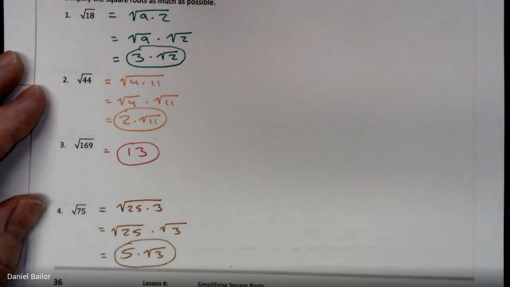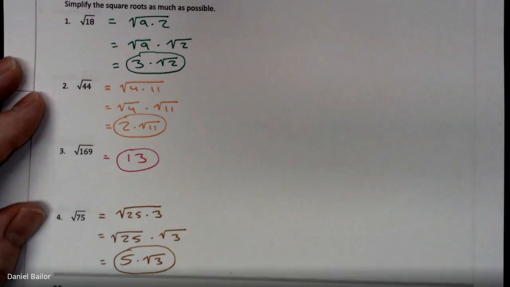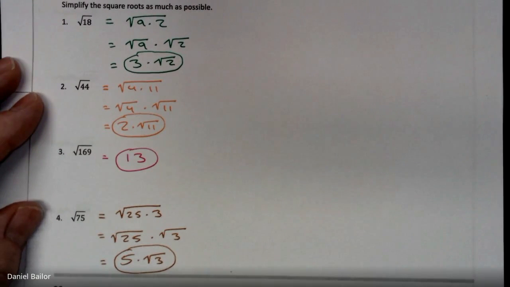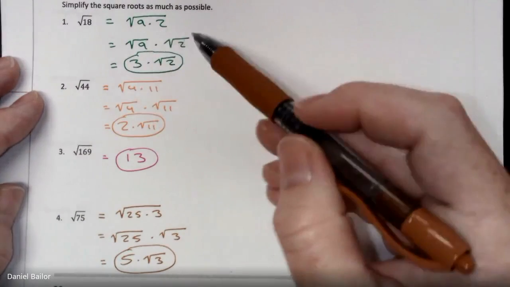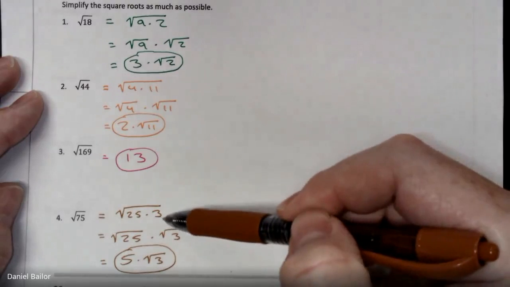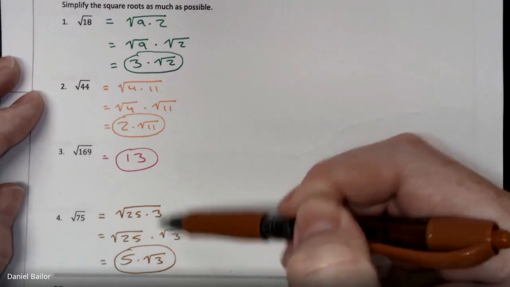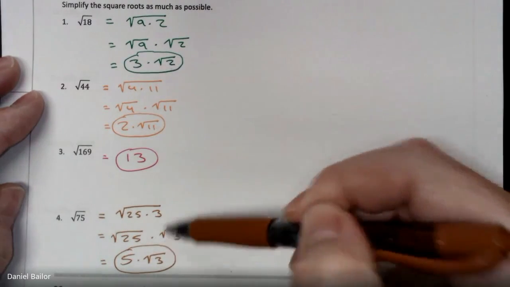Those should be your answers. That should be your work. Hopefully you got all those and simplified them as much as possible, finding perfect square factors and sometimes one not perfect square factor that you just have to keep, because we're simplifying, not solving.